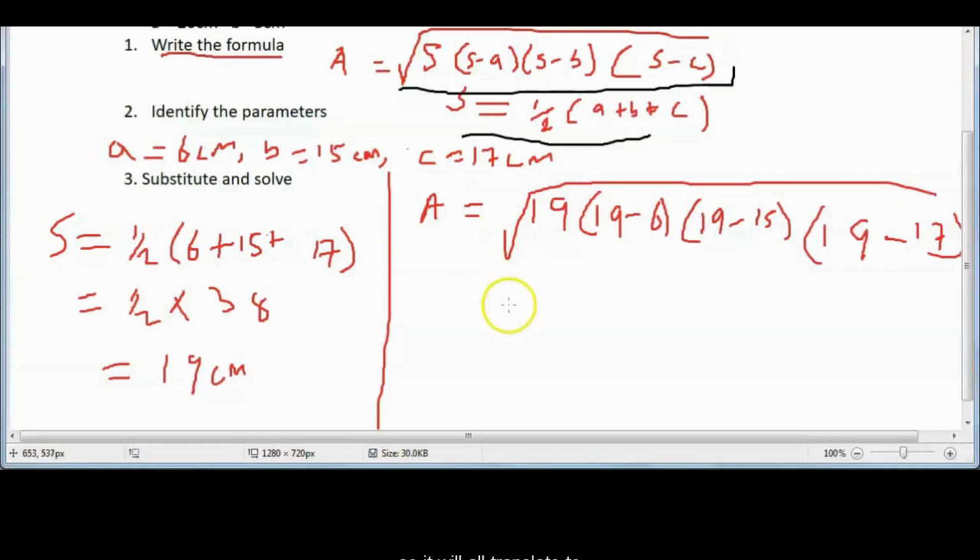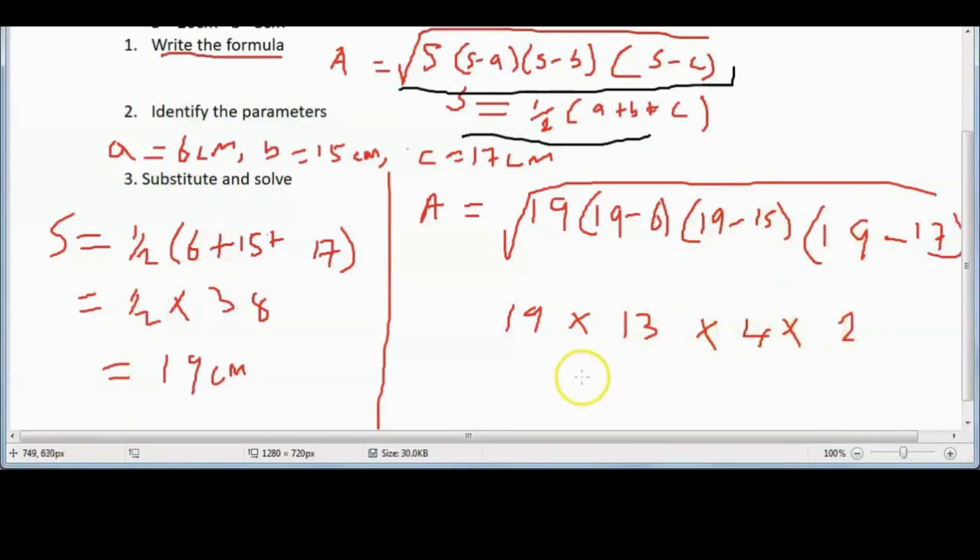So it will all translate to 19 times 13 times 4 times 2. 19 minus 6 is 13, 19 minus 15 is 4, 19 minus 17 is 2.